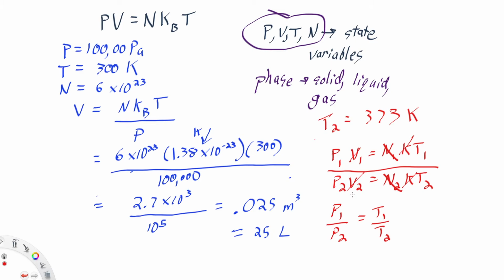Jolyn, why does the N cancel? Because if we're not letting gas in or out of the container, then the number of molecules in there is the same.